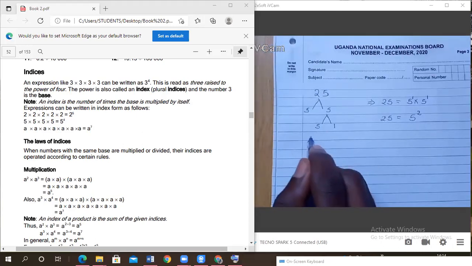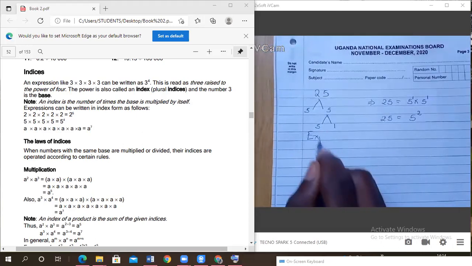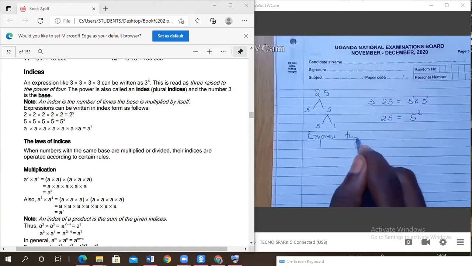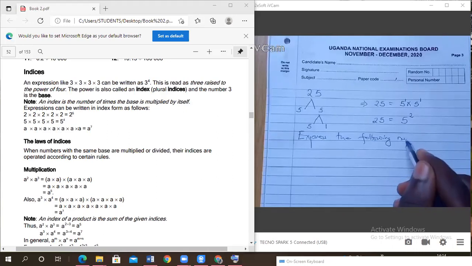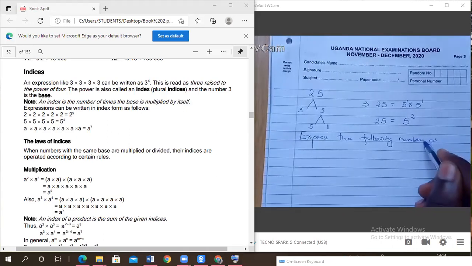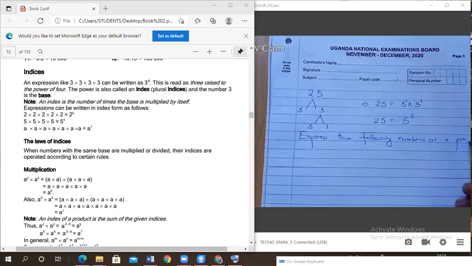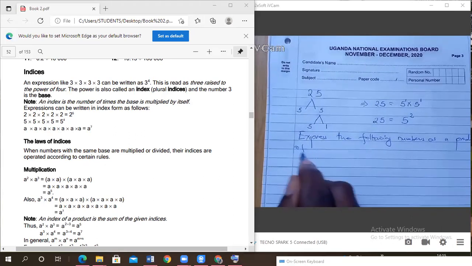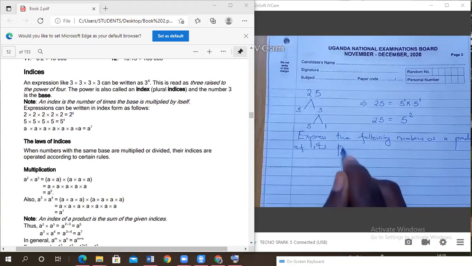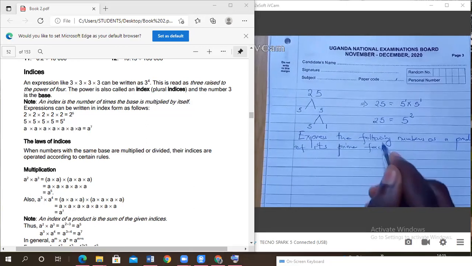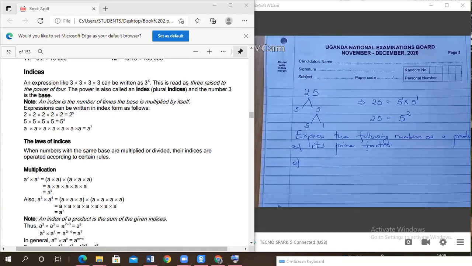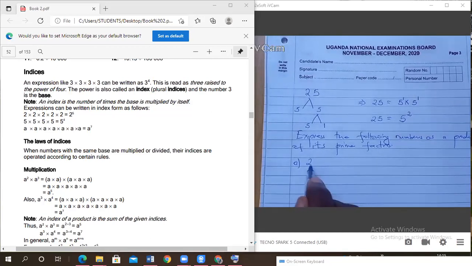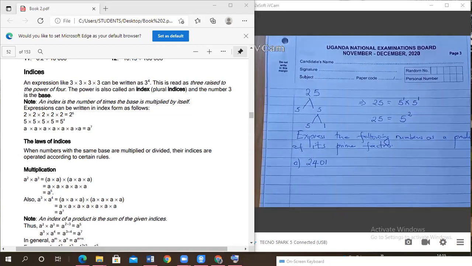Write down this question. Express the following numbers as a product of its prime factors. A, we have 2,401.